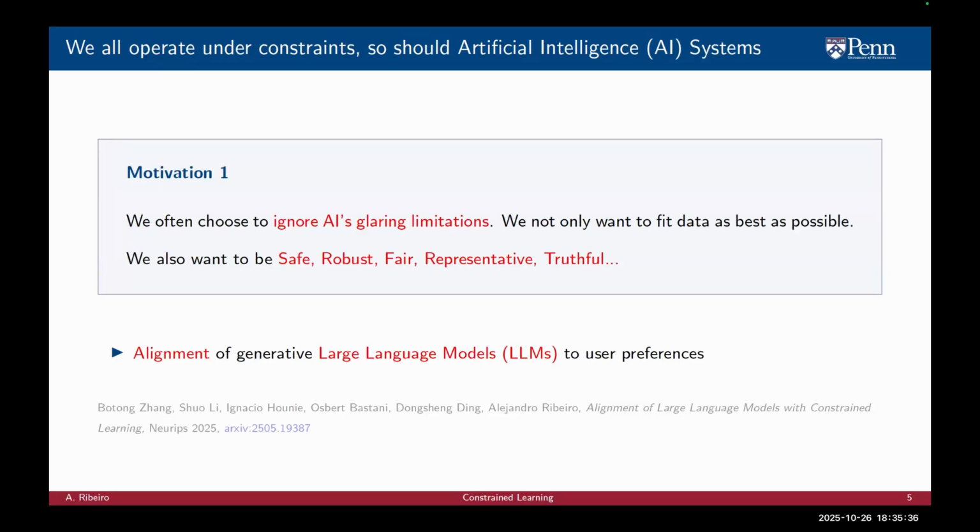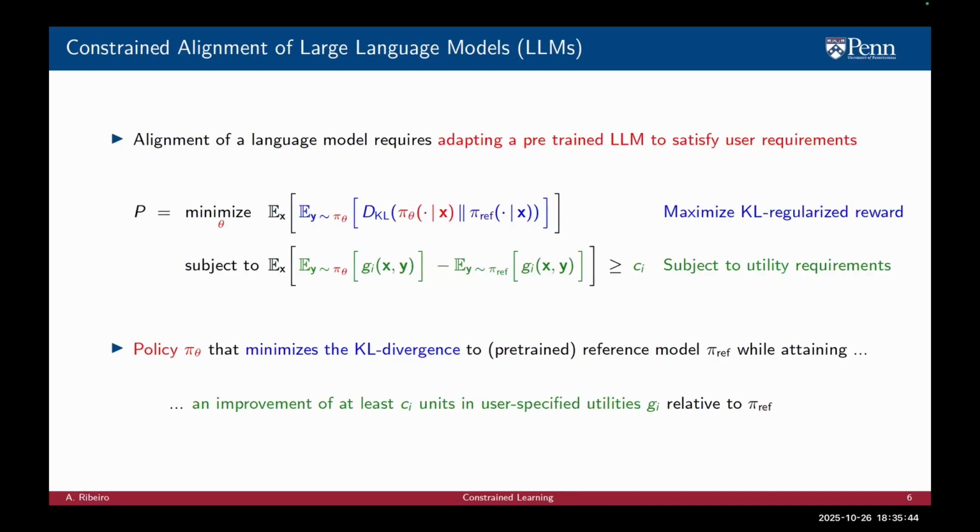As an example of that, let me point you to this work that we have done on the alignment of generative large language models to user preferences. In a large language model, what you train is a probability distribution. That probability distribution takes prompts as input. It produces text as output. The generation of that data is through a probability distribution that is parameterized by a transformer.